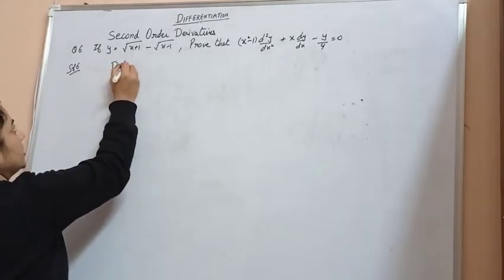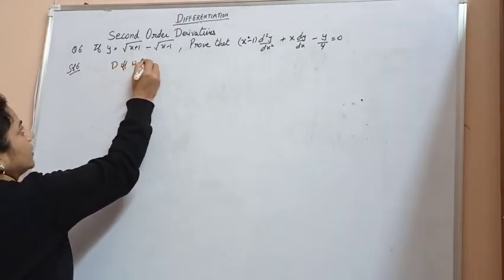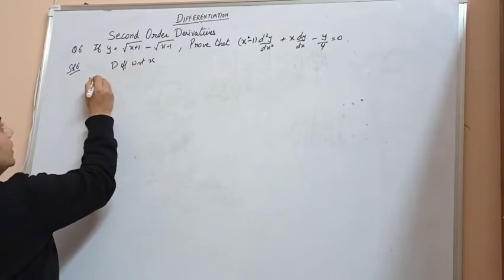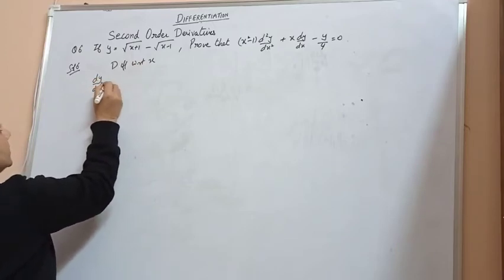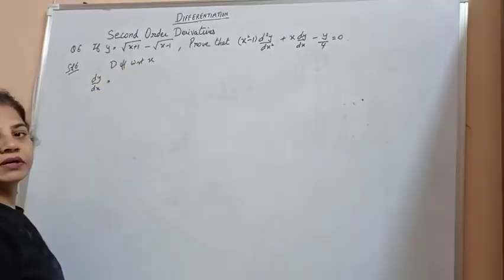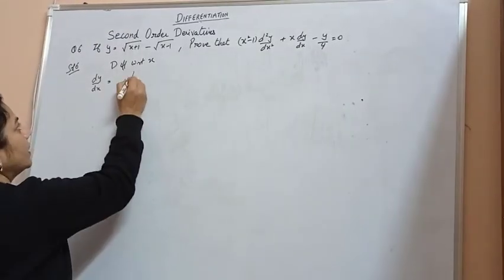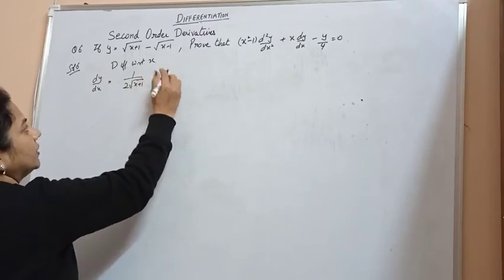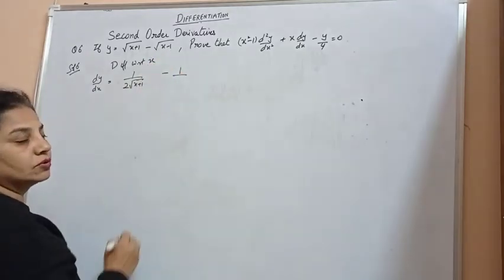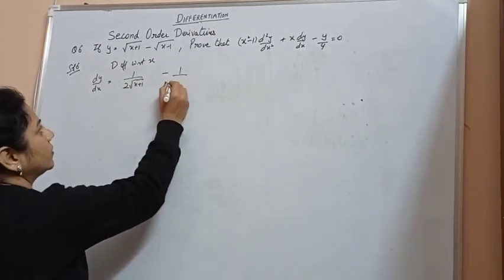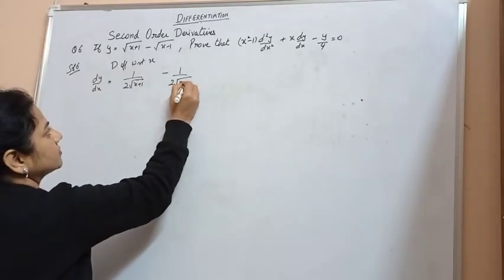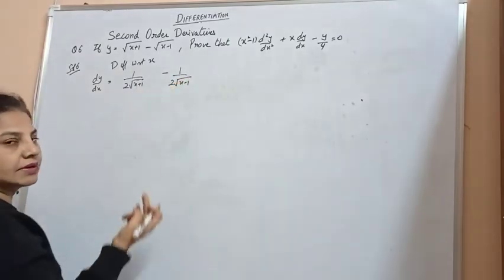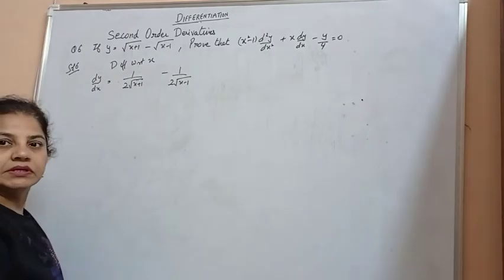So differentiate with respect to x, I get dy by dx is equal to derivative of under root x plus 1, which is 1 upon 2 under root x plus 1, minus derivative of under root x minus 1, which is 1 upon 2 under root x minus 1, into derivative of x plus 1 is 1 only, and derivative of x minus 1 is 1 only.